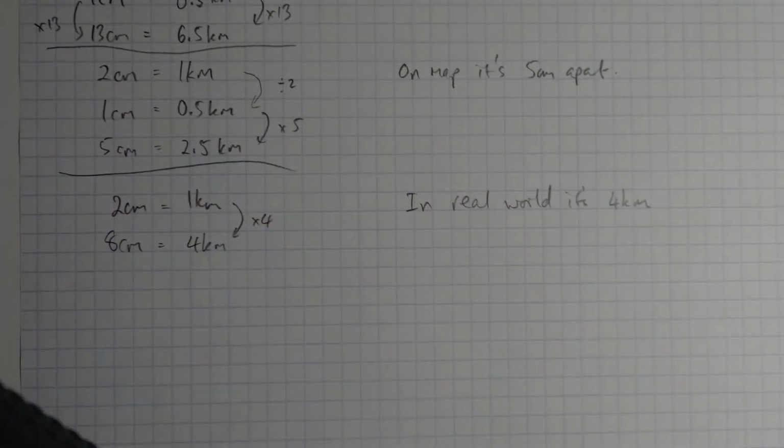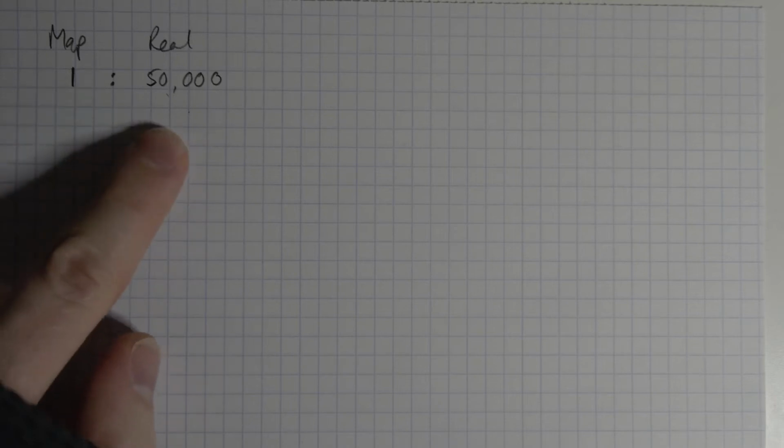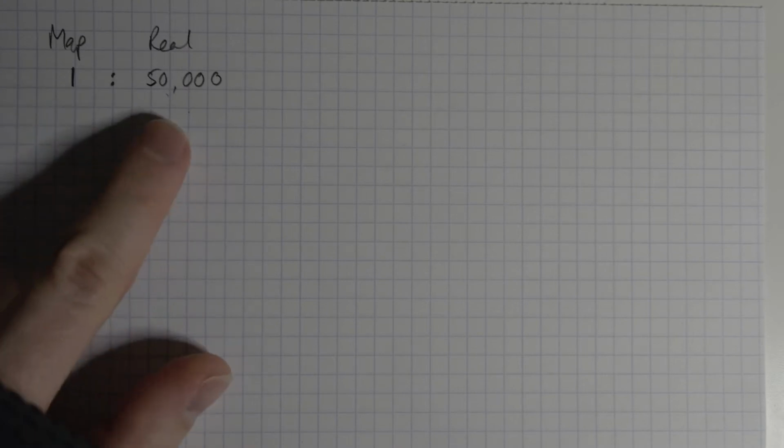Nice, easy peasy. Now you also need to know how scales work when they're given as a ratio. You'll notice that there's no units given in here, and that's because it's not important. What we're saying with the map scale of 1 to 50,000 is that 1 of any unit on the map is actually 50,000 times bigger in the real world. So something that measures 1 centimetre on the map is 50,000 centimetres in the real world.